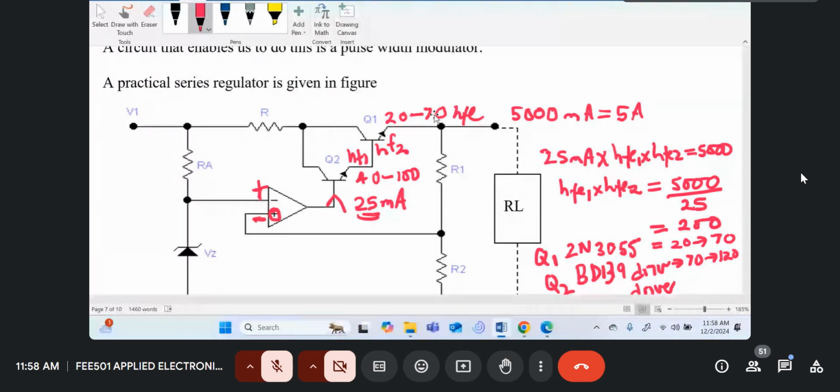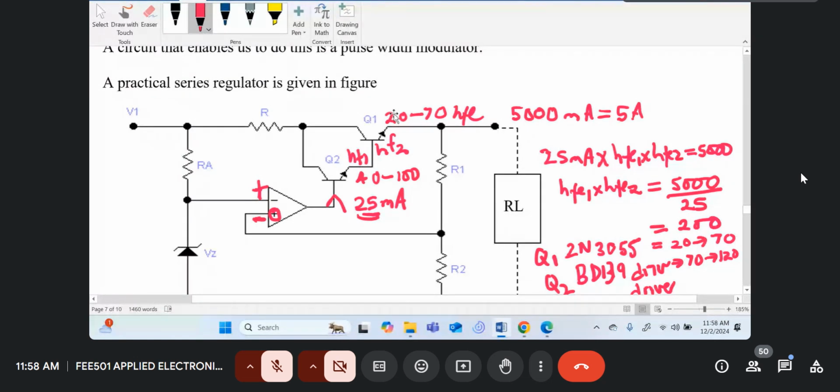So we design for the worst case and use 20 as the HFE. So 20 times 25 milliamps tells me that my circuit will only be able to provide 500 milliamps. So you can see the advantage of using a Darlington pair.